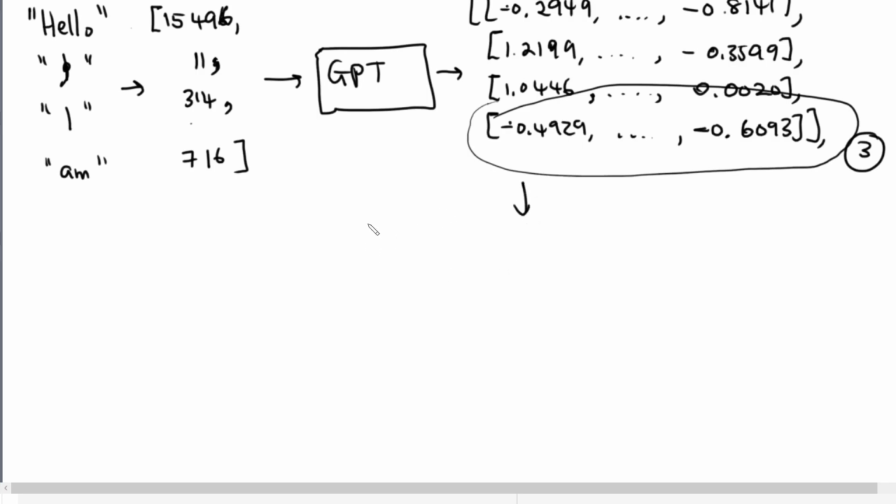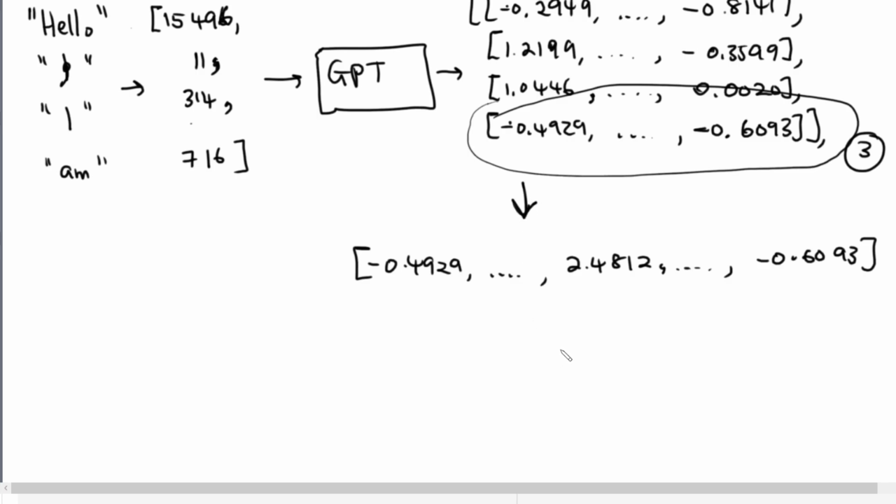We have our last vector there. It is -0.4929 dot dot dot, 2.4812 dot dot dot, -0.6093, like that. So we have extracted it as our third step.